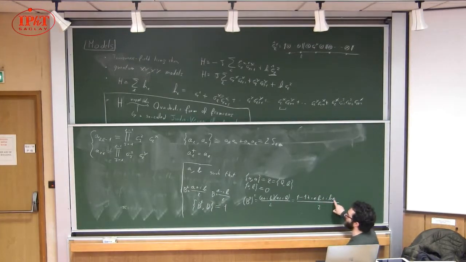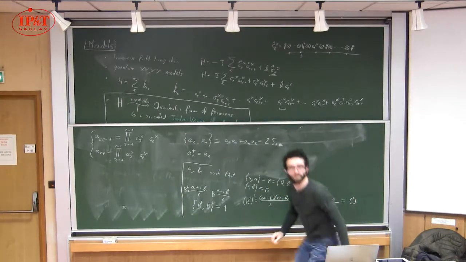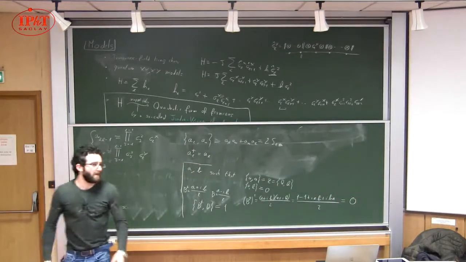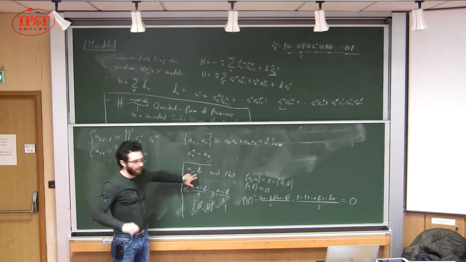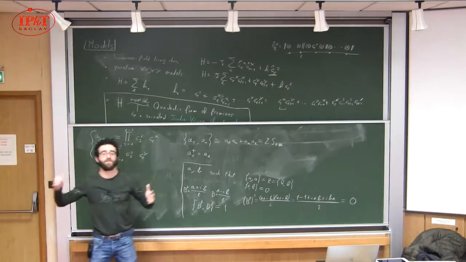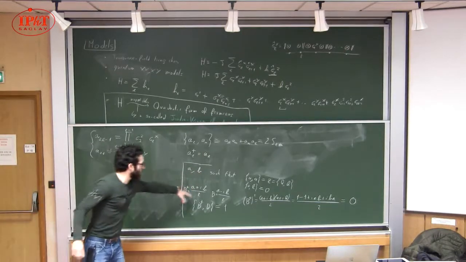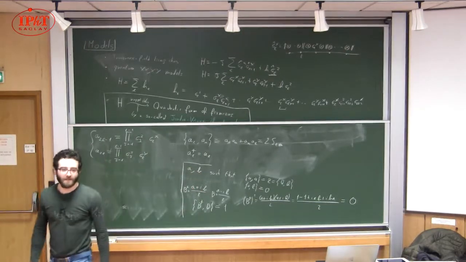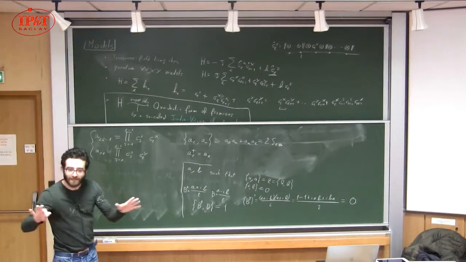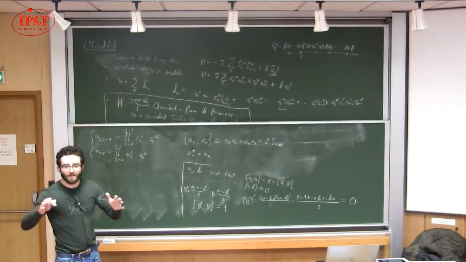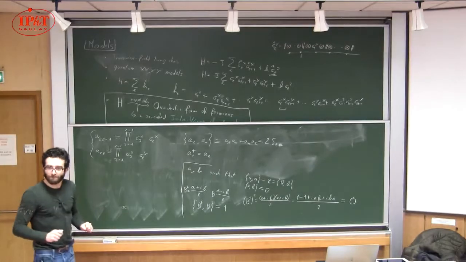But AB plus BA is equal to 0. So these are fermions. And you can check that if you have n pairs of these Majorana fermions, you can construct n fermions using this kind of trick. So the space of these 2n Majorana fermions is exactly equivalent to the space of n standard fermions.